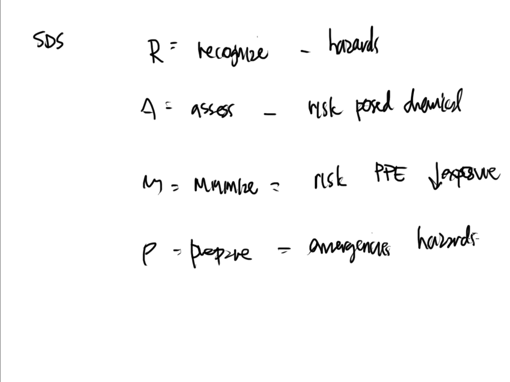So if it says there's a possible flammability hazard and we go into a laboratory and this sucker catches on fire, then we need to make sure that we are ready for that and we know how to handle that emergency if it does happen. That way we can completely extinguish the fire, extinguish the problem, and not worry about harming other employees or other students or the laboratory itself.